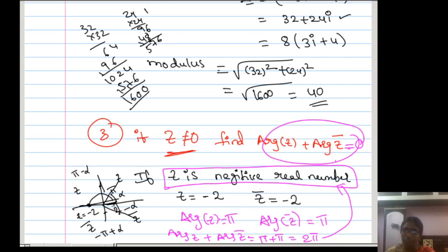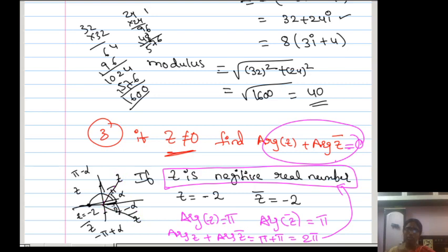Why? Because negative real number means argument of z equal to pi in that case. Except that, z may be a positive real number on the positive x-axis, or purely imaginary, or a complex number lying in the first, second, third, any quadrant. The resultant value of argument of z plus argument of z bar should be equal to 0 only. How do I explain this geometrically? z lies in the first quadrant, z bar lies in the fourth quadrant.